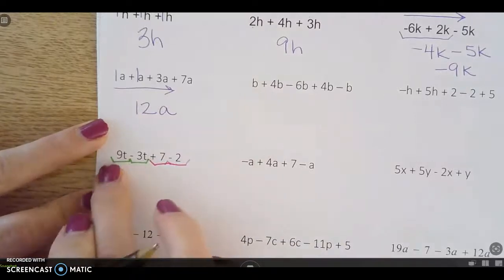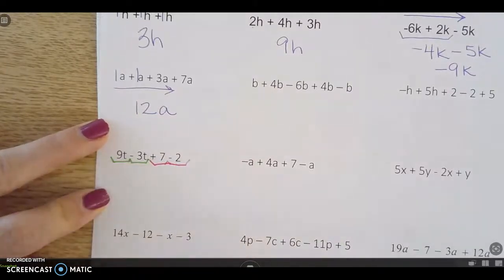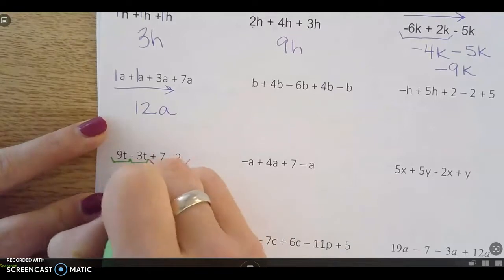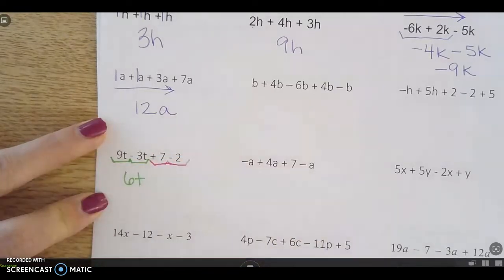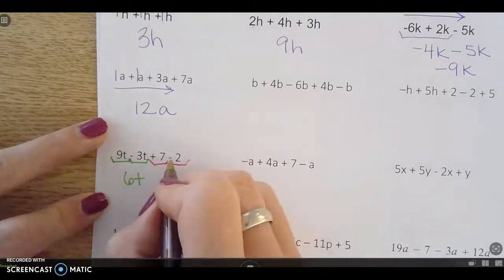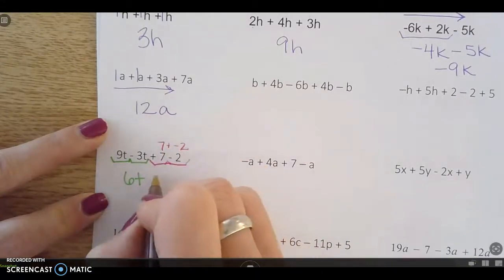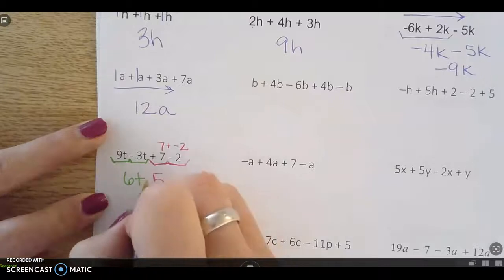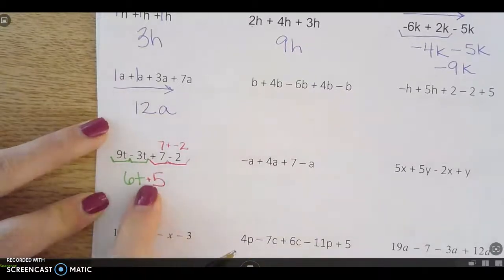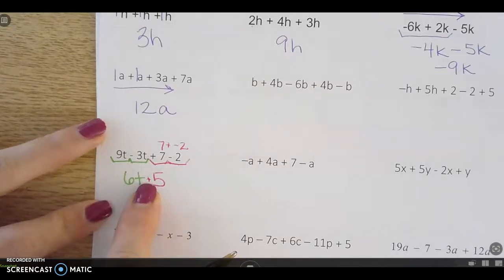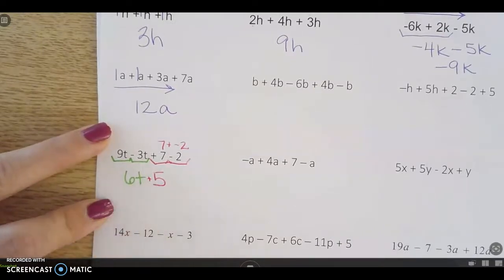Well, the T's, 9 minus 3, or 9 plus -3, would give me 6t, and then 7 plus -2, or 7 minus 2, would give me 5. If it's positive, put a plus sign in front of it. If this was a -5, put a minus sign. Okay? We're going to learn now that minus and negatives are really interchangeable. They're kind of the same thing now. All right, so that's what I got.